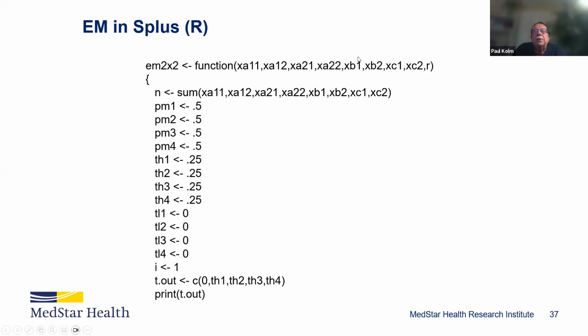B here is the missing outcomes. The C would be the missing therapies, or in our case, the radiotherapy. And I set initial values here.